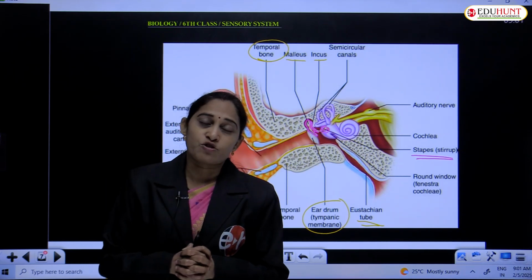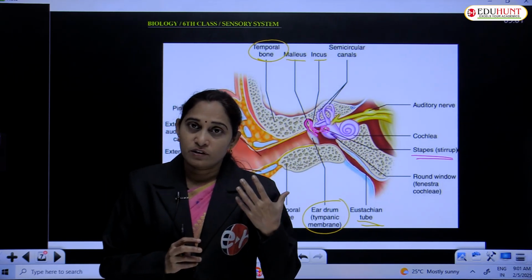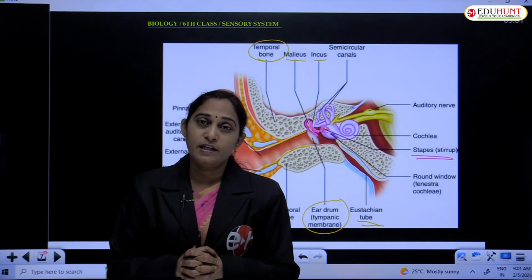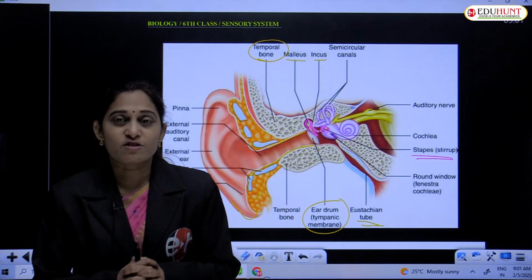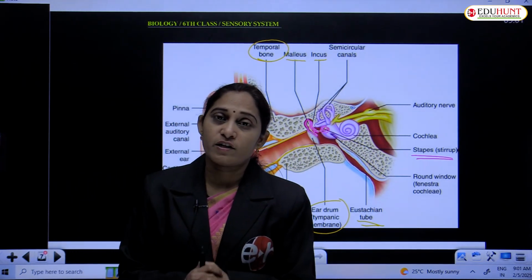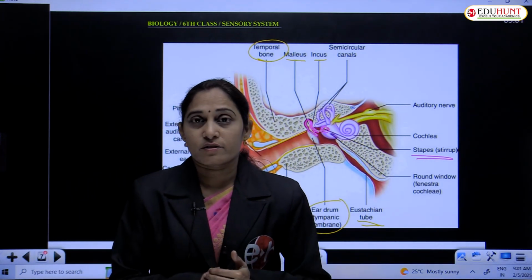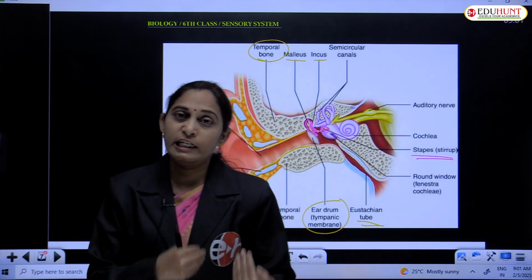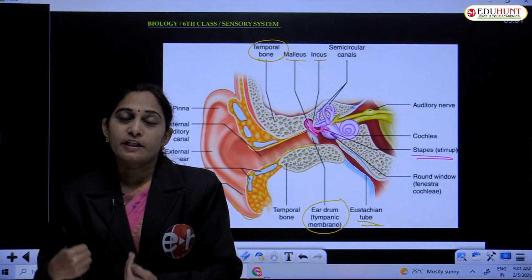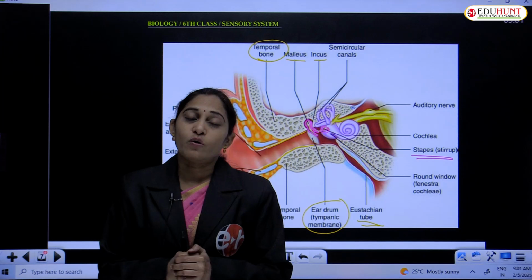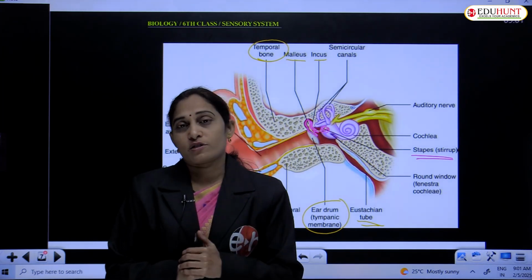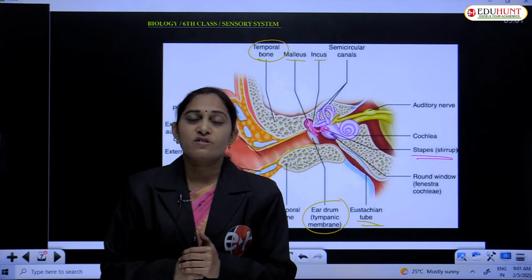The tympanic cavity, the middle ear, has two apertures, fenestra ovalis and fenestra rotundus, which lead to the internal ear, and it also has three ear ossicles called malleus, incus and stapes.